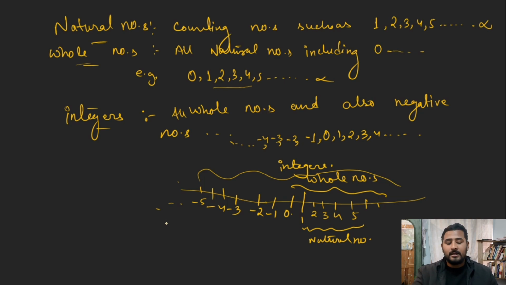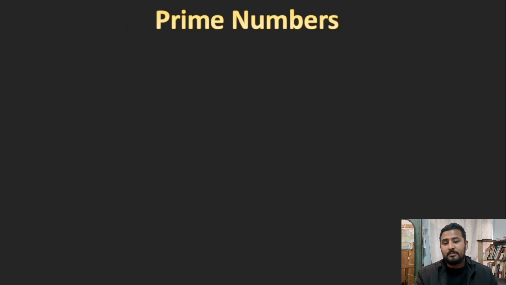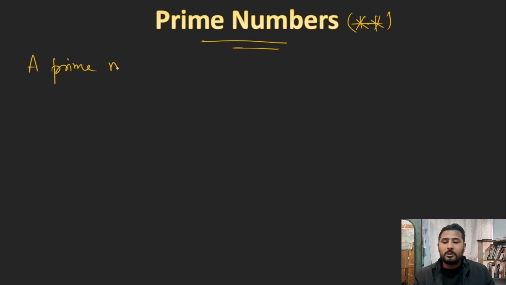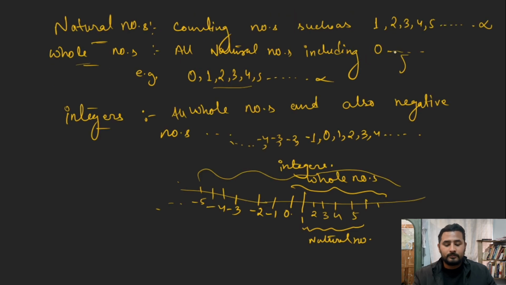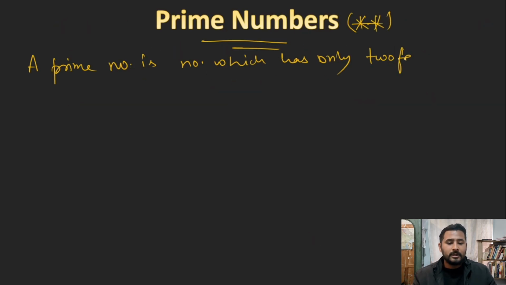So let us now see a different type of number system, that is a prime number. Very important part. Okay, prime number, very important. So let me star mark, and especially for our MLP exams. Okay, so let us see what is a prime number. Prime number is a number which has only two factors, okay.